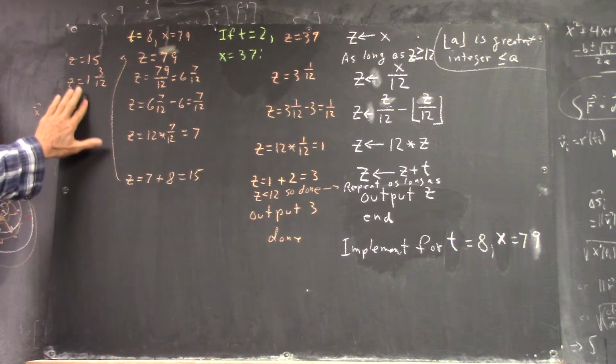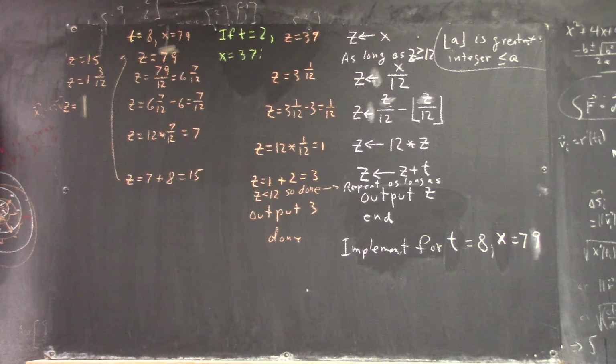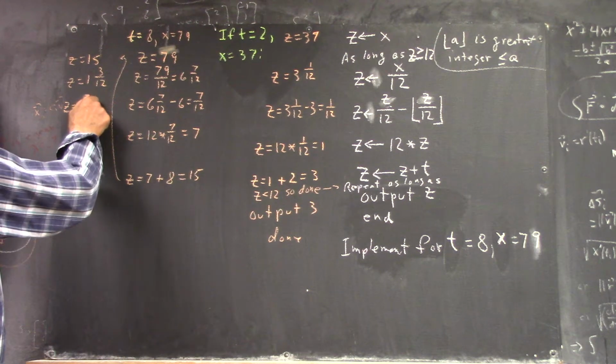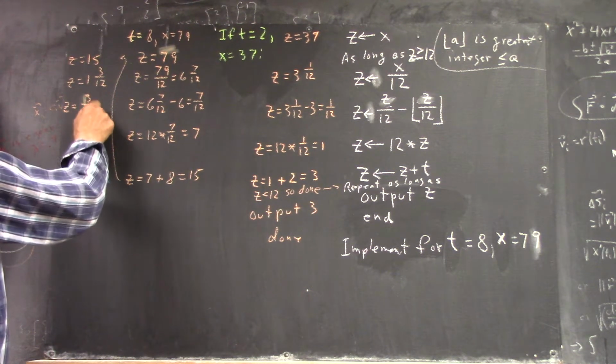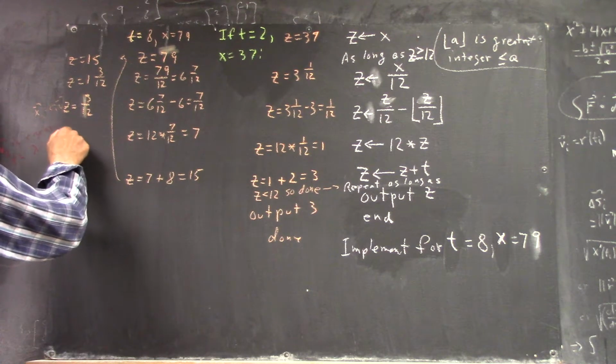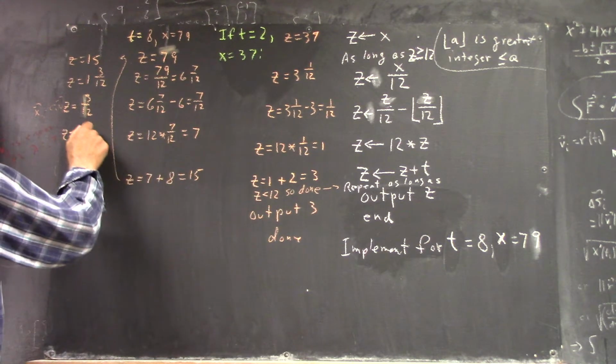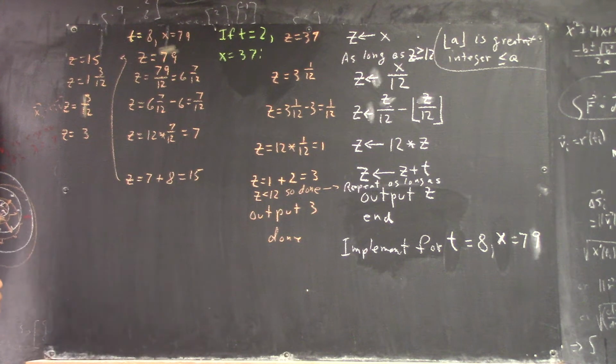Okay, so z equals 3/12, and then you multiply that by 7 and you get 3. Uh-oh. And you're starting at t equals 8, so you got to add 3.